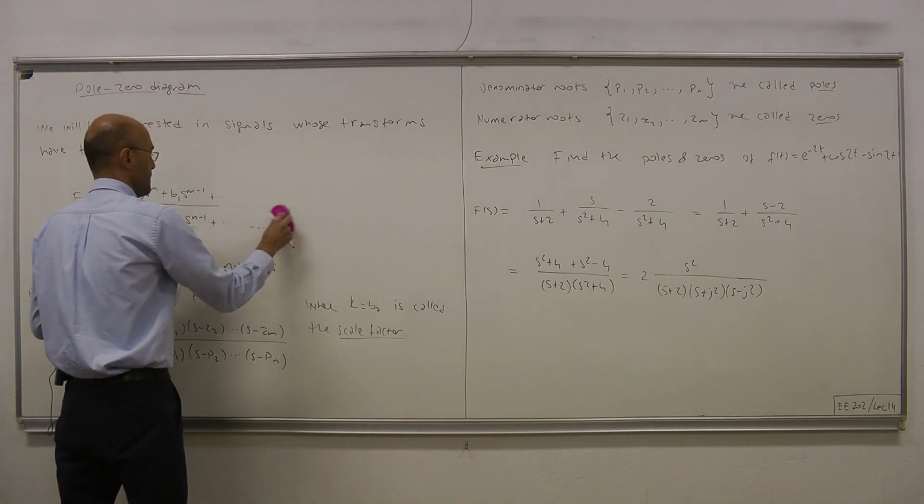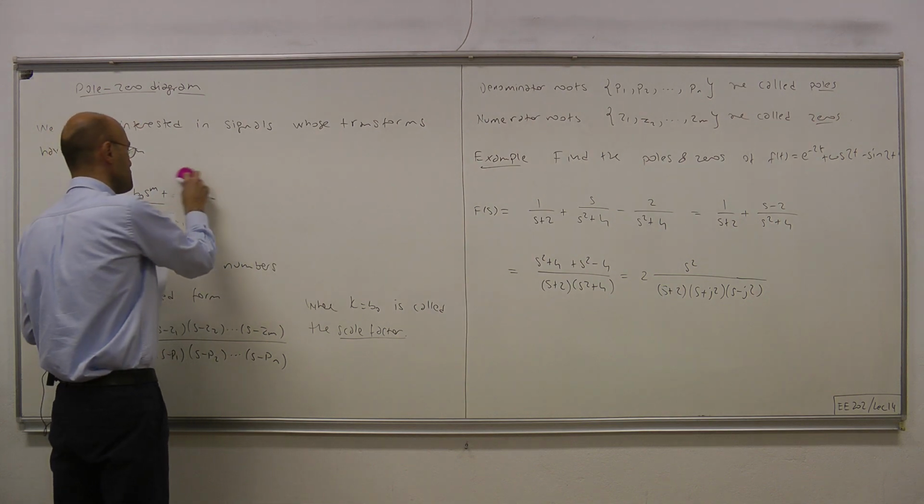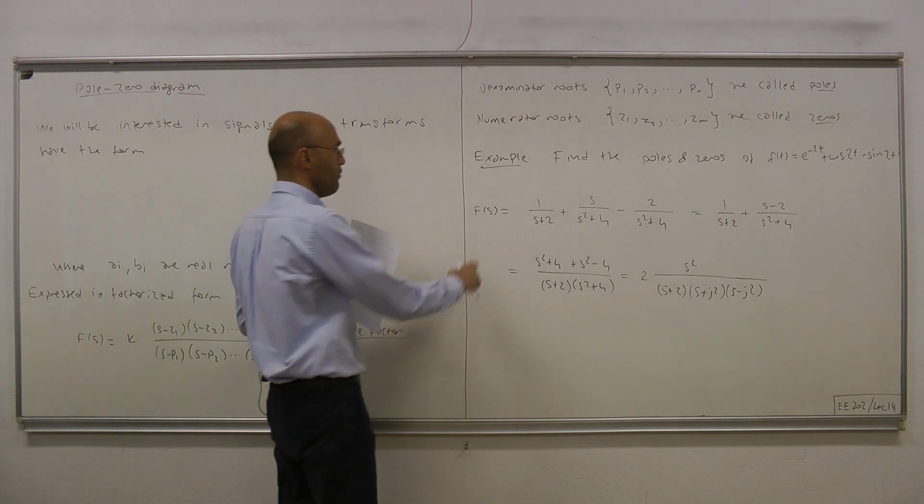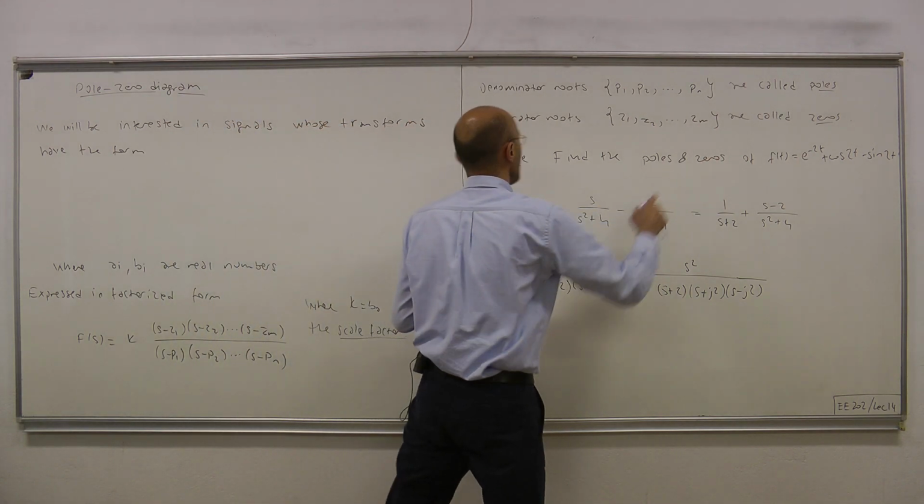Now if you mark those poles and zeros on the complex plane, what you obtain is called the pole zero diagram of F of s, or pole zero diagram of f of t.